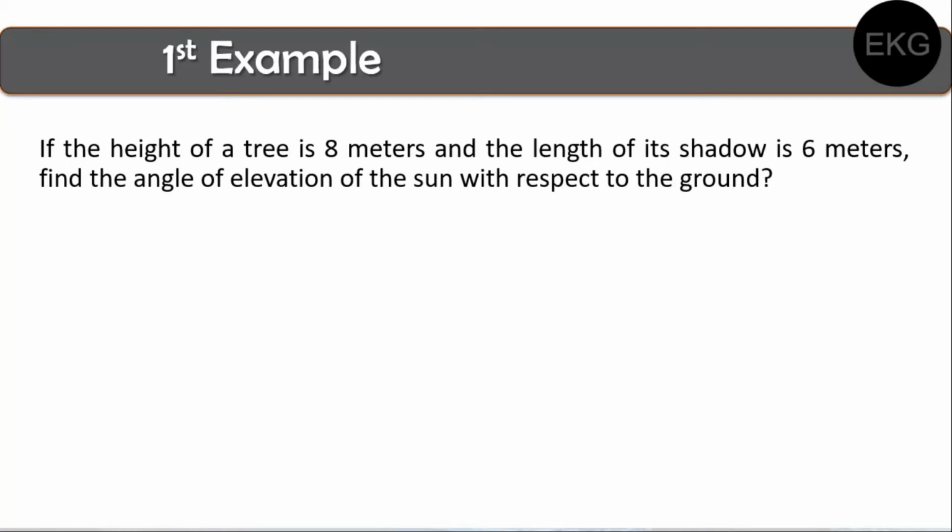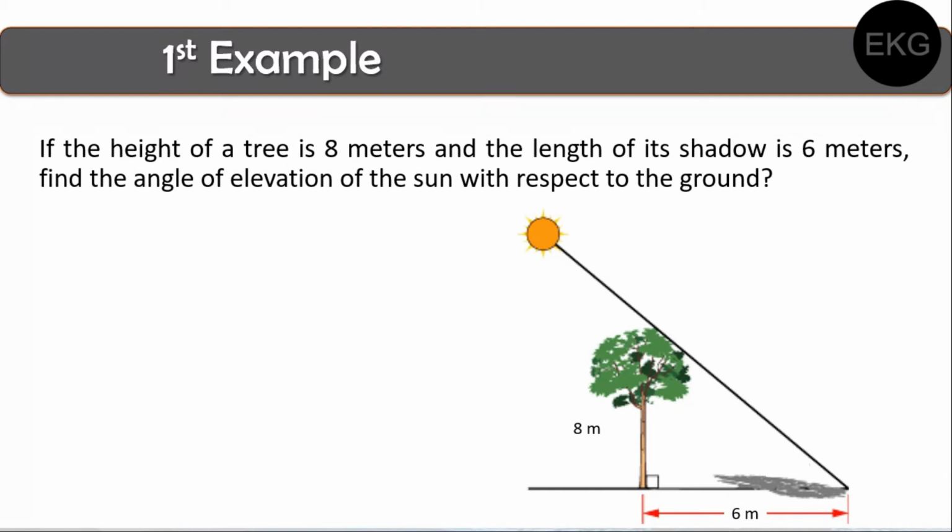So, in these kinds of problems, especially in trigonometry, it is very important that we know how to draw. Here in the PowerPoint, since we are not writing, I cannot show you how to draw. Okay? But, I'll just illustrate it through this drawing. So, if the height of a tree is 8 meters, this is our tree, its height is 8 meters.